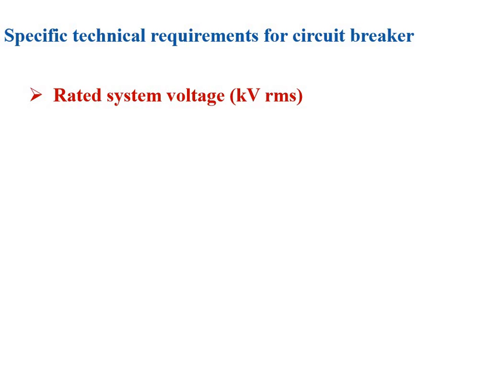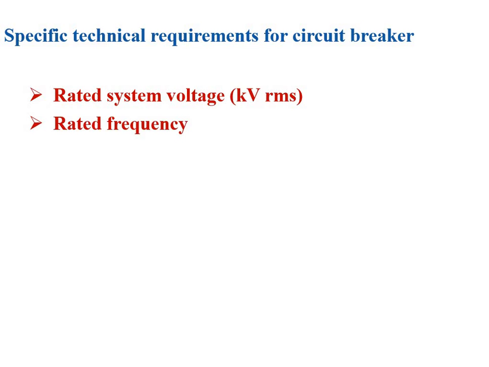If your system has 132 kV voltage, then accordingly your circuit breaker rated voltage will be 132 kV or 220 kV, etc. So that will be decided by the system voltage where the circuit breaker is going to operate.